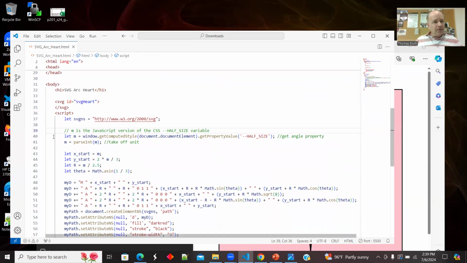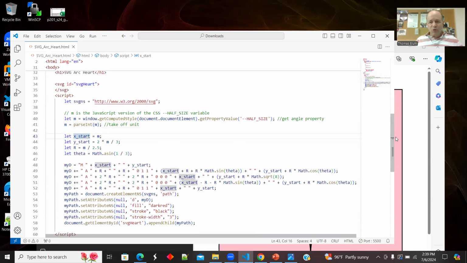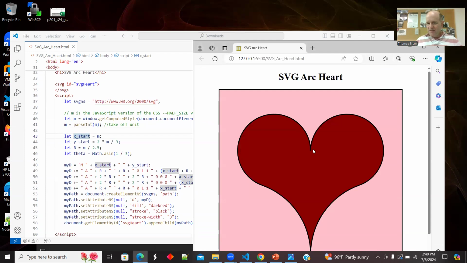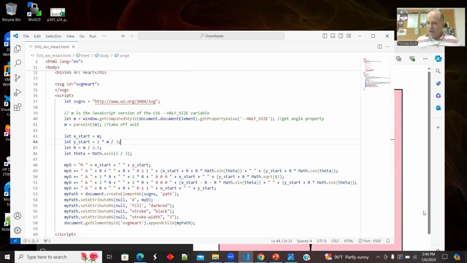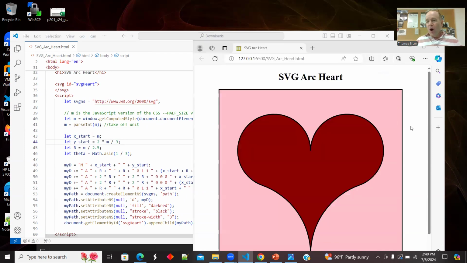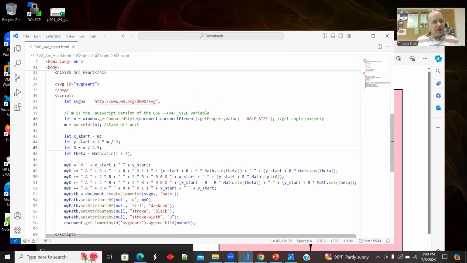It's basically a path. In JavaScript, I get that half size, and I'm calling it M. Horizontally, I'm going to start in the middle. That makes sense. Overall, the sides are 2M. I'm going to go 2/3 of 1M down, and this is where I'm going to start at this part of the heart.